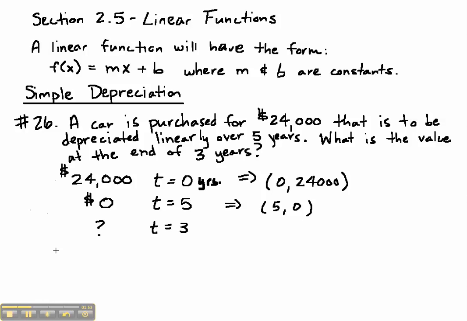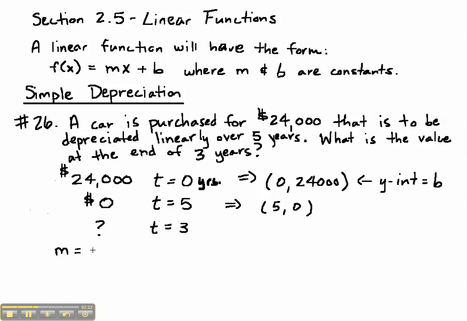And now when we're finding the equation of a line, remember we have to know either the slope and a point or the slope and the y-intercept. And looking at this first ordered pair, x equals 0, so that means that 0, 24,000 is the y-intercept. So we already have b. So we need to find what m is.